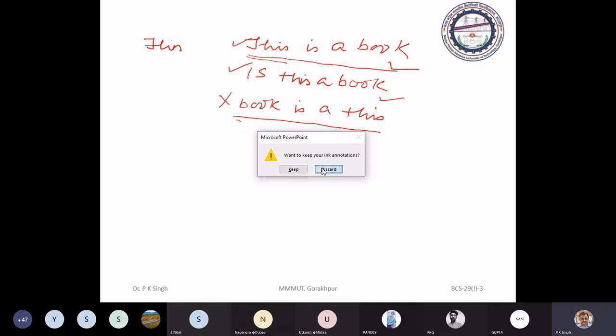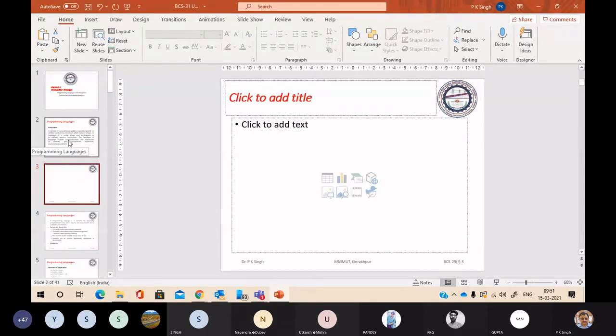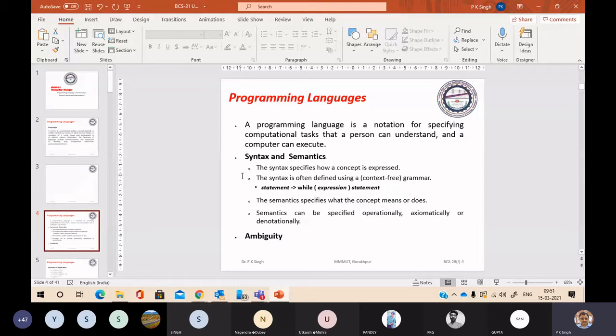Now it is clear what the syntax of a language is, and that syntax is responsible for developing the understanding.